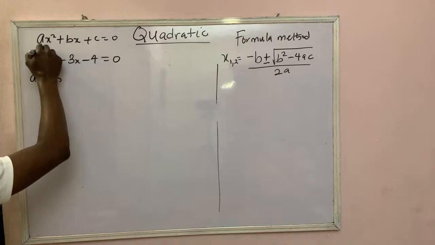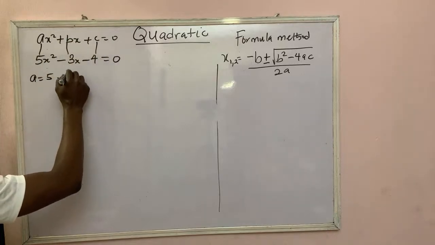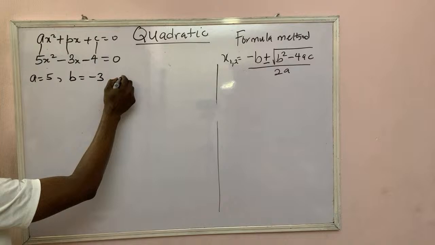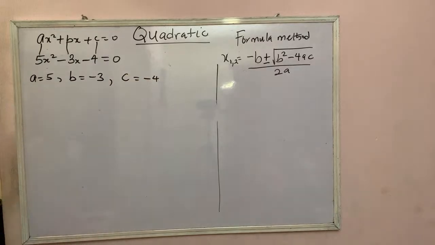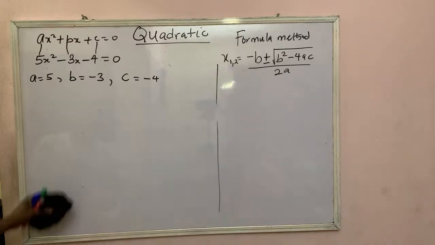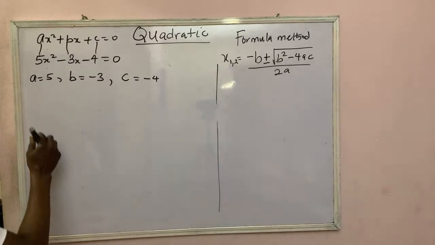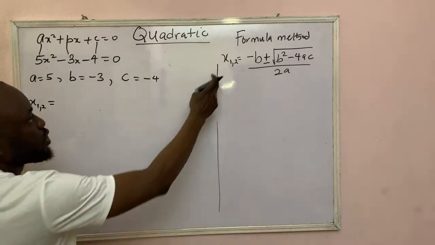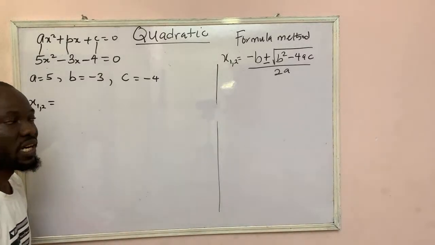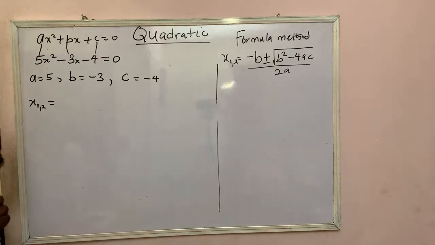Look at the position. b represents -3, and c represents -4. All right? Now we are going to plug in all the values for x1, 2, because I'm going to get two values for the function, which represent the roots of the quadratic function.